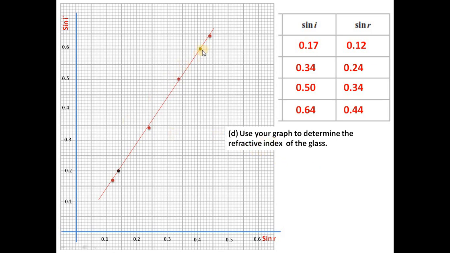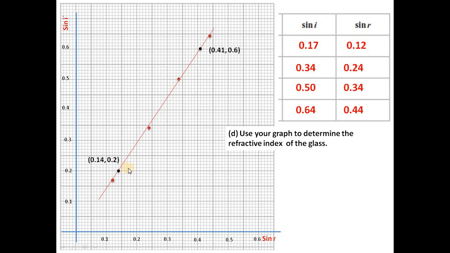So I'm choosing these 2 points, this one and this one, and you can see the coordinates of these points from the graph, and you can even mention the triangle like this. And then you can find the coordinates, and this is rise, this is run, dividing rise over run, you can find the gradient.